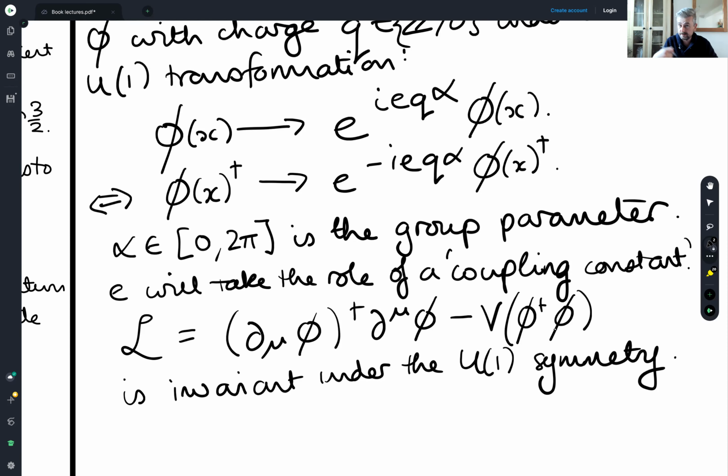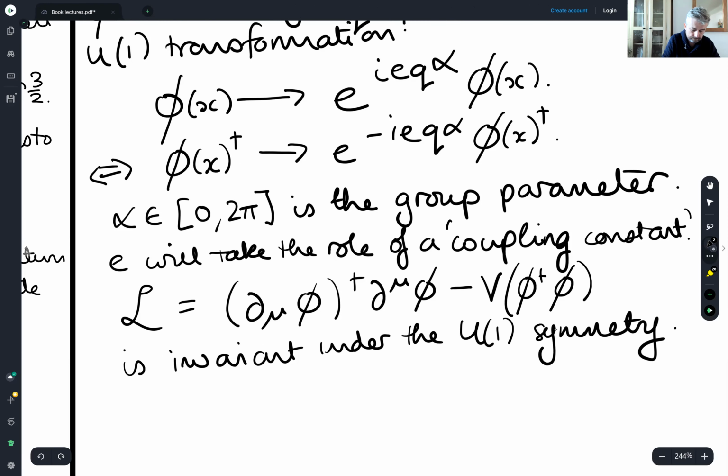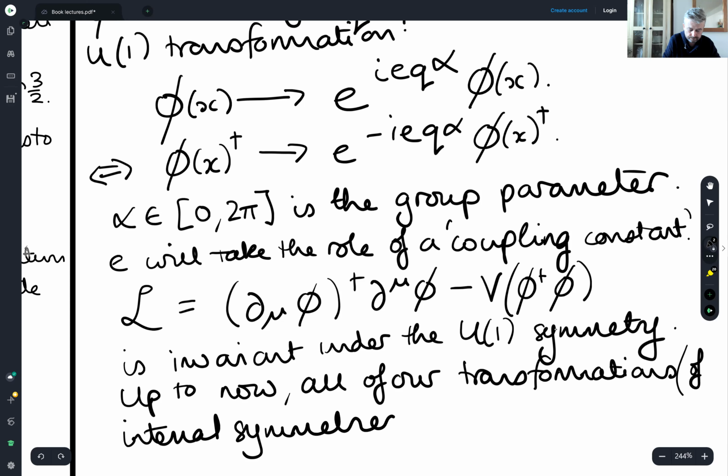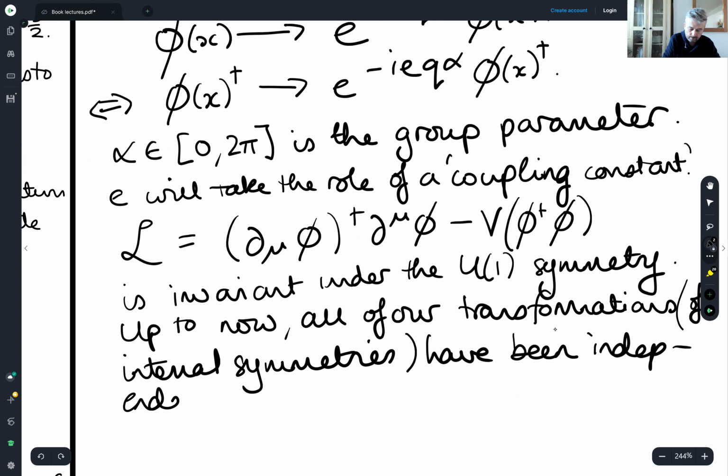So alpha is a constant throughout all of space-time. These have been transformations of internal symmetries, independent of x mu.